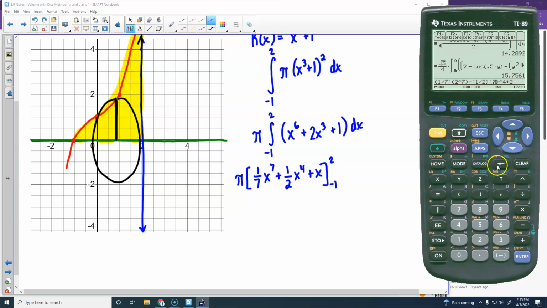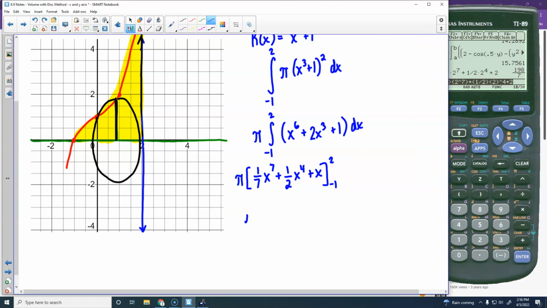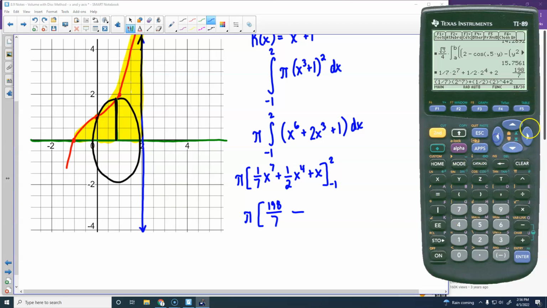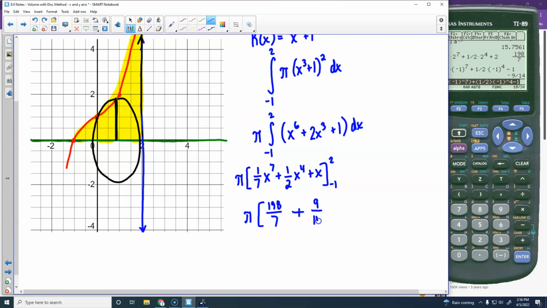I put a 7 where I should have put a 2 right there. 2 to the 7th, to the 4th... I mean, it'd be easier to integrate this, honestly, than to do this, but... and then we'll have... You could do it either way. It would be fine.